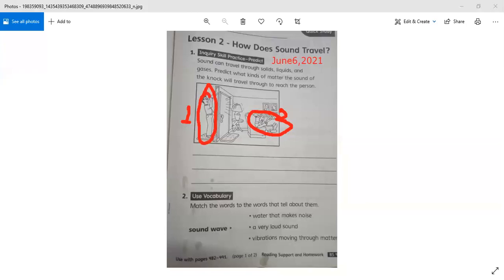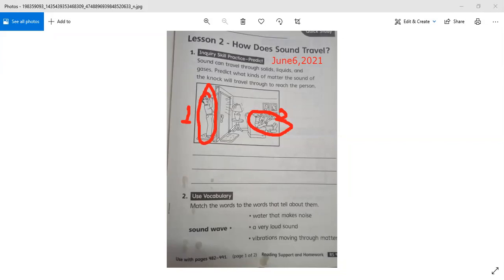Gas? Where is the gas here? Solid. It is solid. Where is the solid here? The door. Excellent.